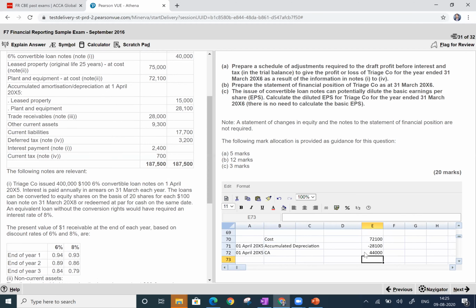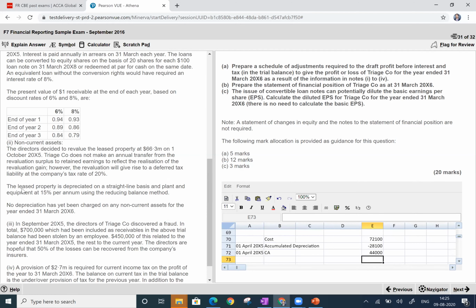Now what have they stated? Leased properties depreciate on a straight line basis and plant and equipment at 15% per annum using the reducing balance method. So now we have to charge depreciation at 31 March, at the end. Reducing balance method: depreciation will be calculated on the carrying amount, which is 44,000, times 15%. It is for the entire year.